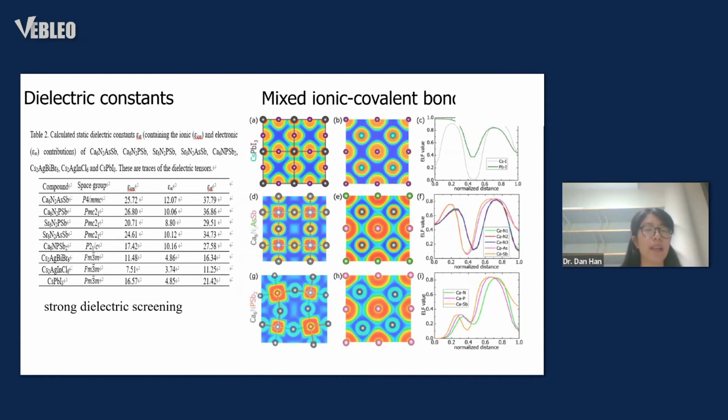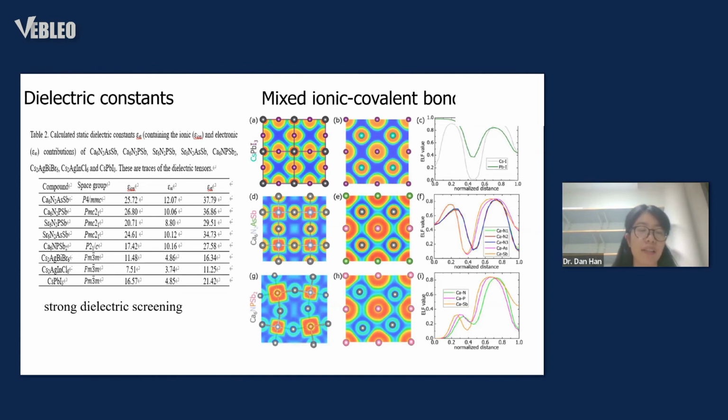Previous work suggested that a large dielectric constant contributes to the long carrier lifetime and the long diffusion length in lead iodide perovskites. And our calculated static dielectric constants of these 5 promising compounds are even larger than those of the highlighted double perovskites and the highlighted perovskites.